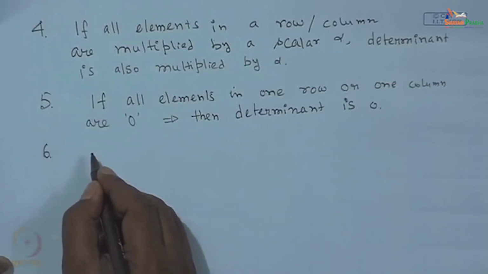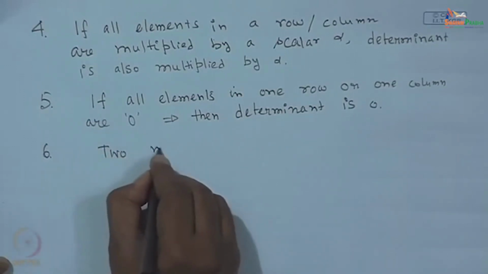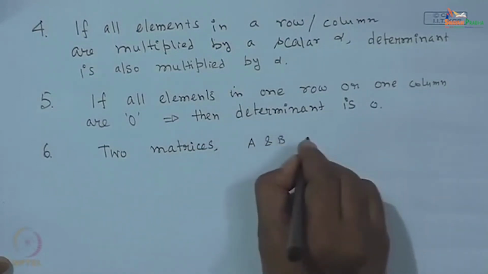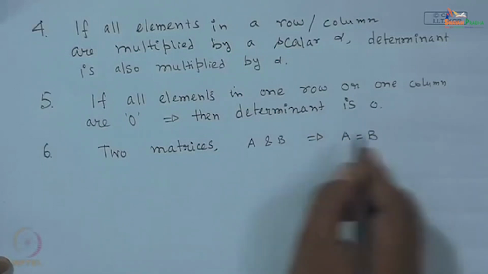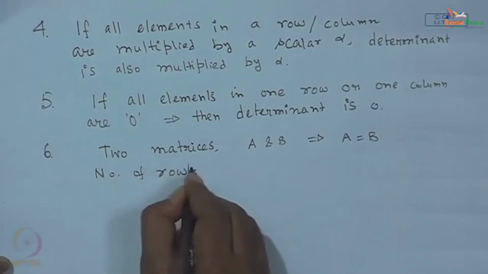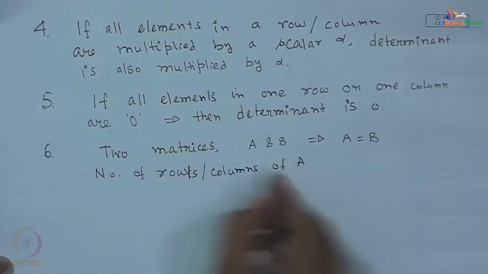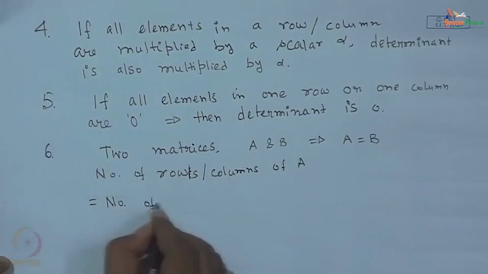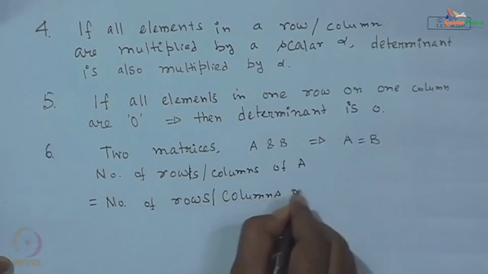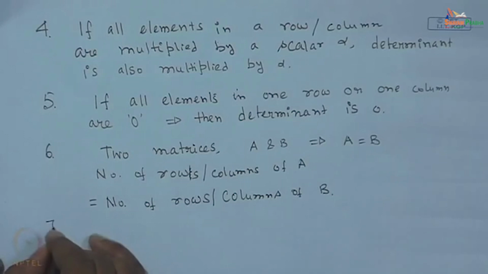The next property is that if two matrices A and B are equal, A is equal to B, then the number of rows and columns of A should be equal to the number of rows and columns of B. So, that is quite obvious.